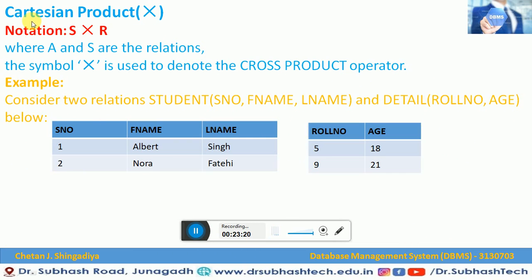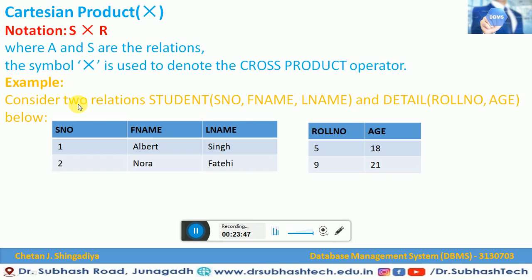Now here you can see there is an example of Cartesian product. The notation can be written this way: S cross R, where, for the sake of simplicity, S can be called a relation and R can be called a relation. The symbol X is used to denote the cross product operator.